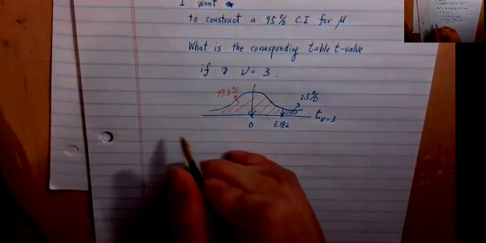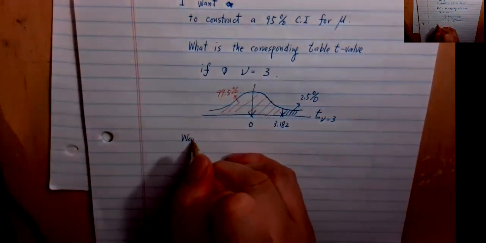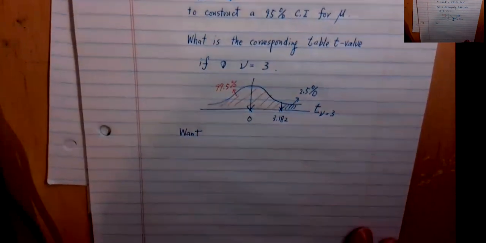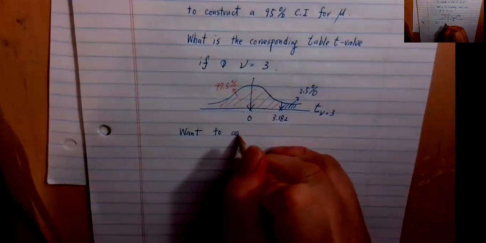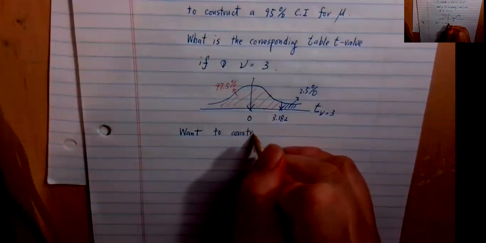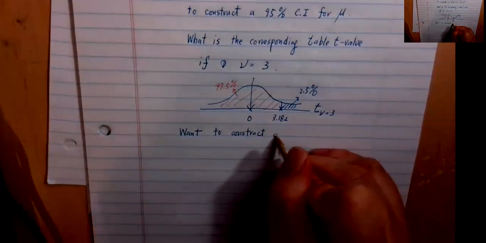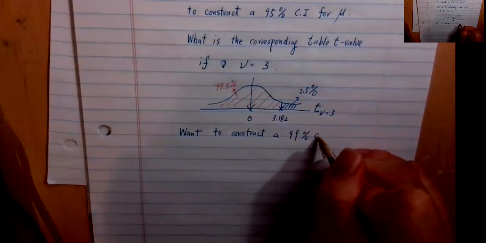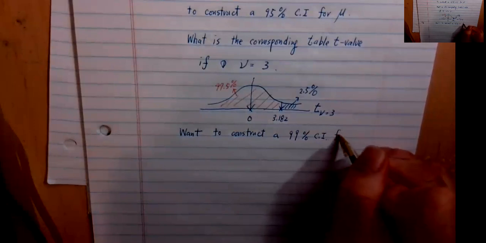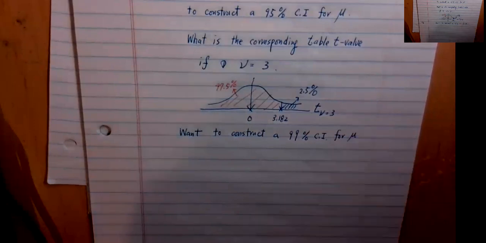Suppose I want to construct a 99% confidence interval for mu. Okay?